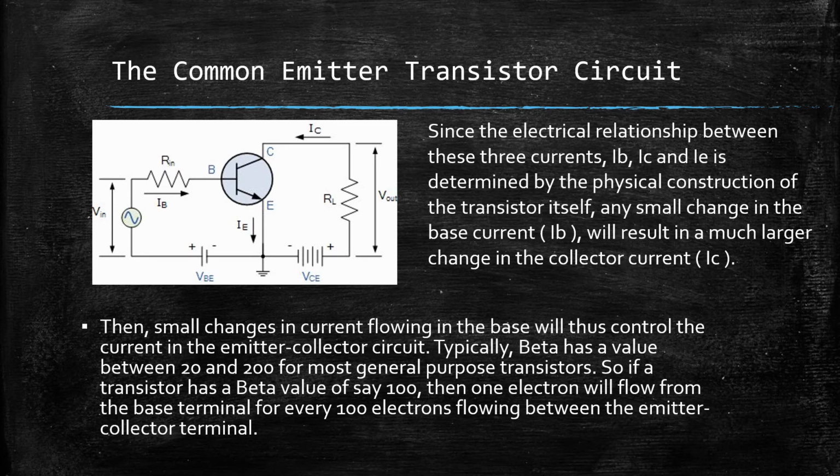Then, small changes in current flowing in the base will thus control the current in the emitter-collector circuit. Typically, beta has a value between 20 and 200 for most general-purpose transistors. So if a transistor has a beta value of say 100, then 1 electron will flow from the base terminal for every 100 electrons flowing between the emitter-collector terminal.